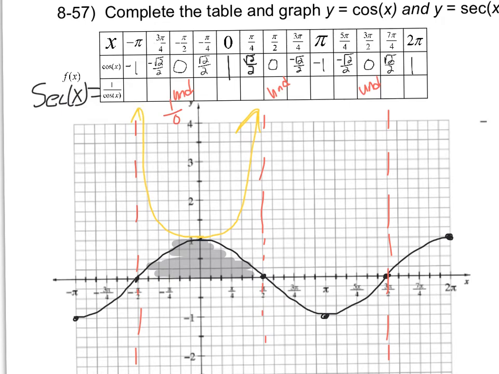Here's a bucket for the cosine that's going to create an upside down bucket for the secant.